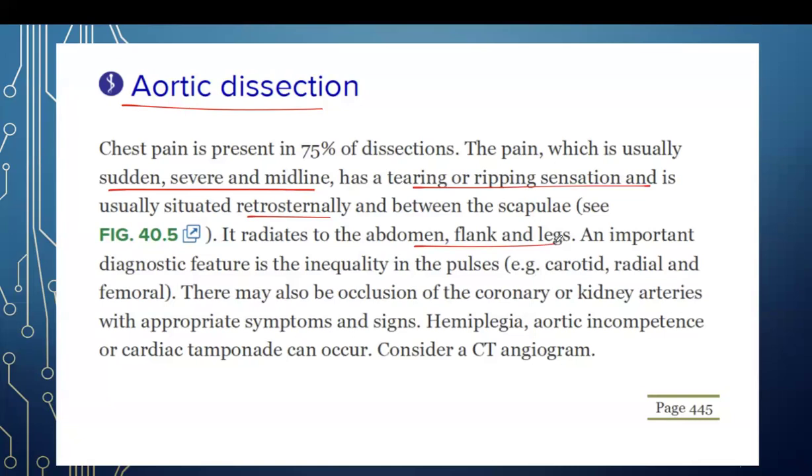So in aortic dissection, the type of the pain will give you the diagnosis. If you check the blood pressure or pulse, you will see that there is a bit of difference between the two extremities. So right arm or left arm, blood pressure and pulse will have some difference.